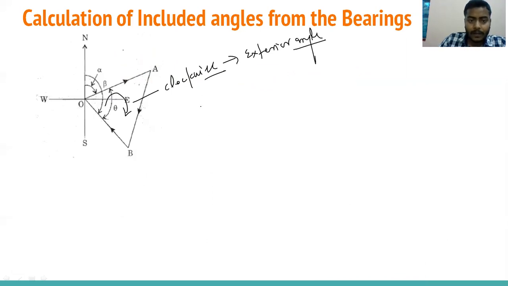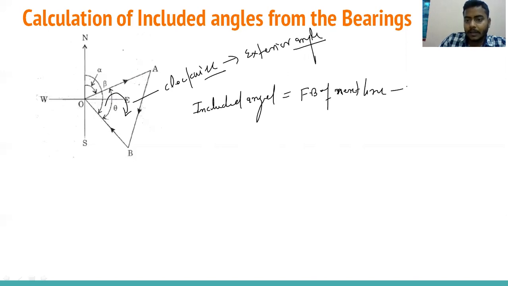Now apply the formula. Included angle is fore bearing of next line or forward line, minus back bearing of previous line.